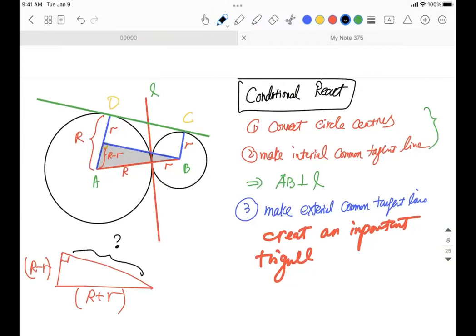Who can tell me what's the value for this? Do a calculation, let me know what's the value. Who can tell me?